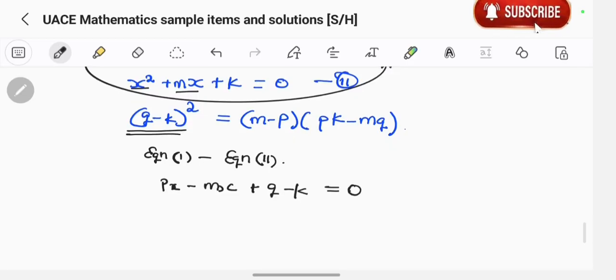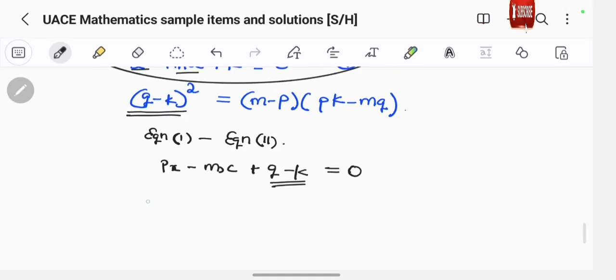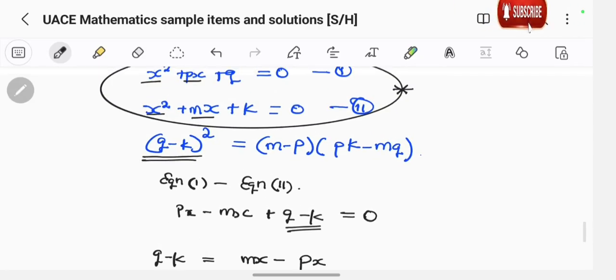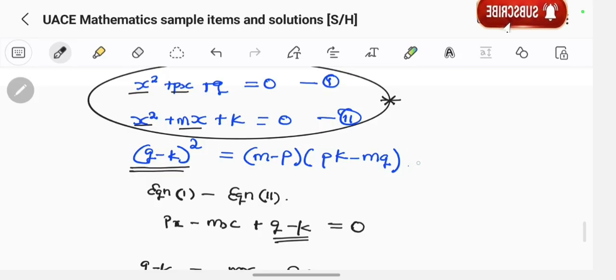So that's what we have. I've obtained my q minus k. I will make it the subject straight away. So it's going to end up giving us q minus k is equal to mx minus px.